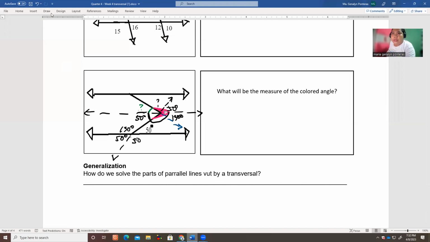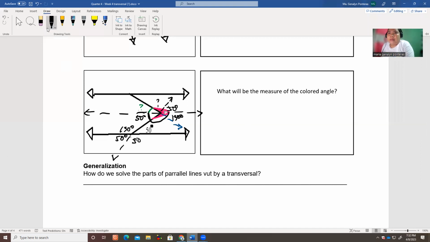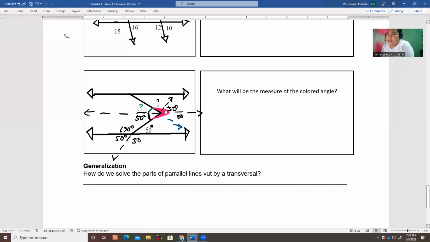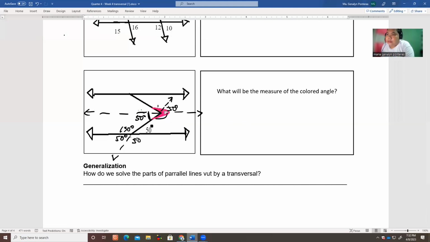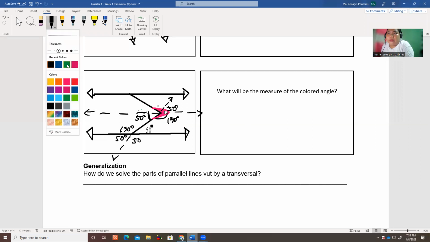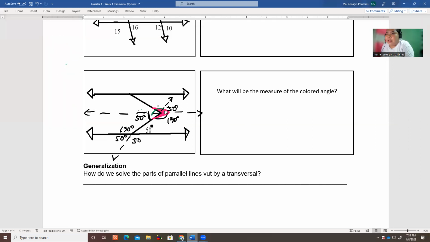Wait, the figure is getting unclear. If the whole thing is 130, meaning the whole thing here is also 130, this one, and 130 degrees too.